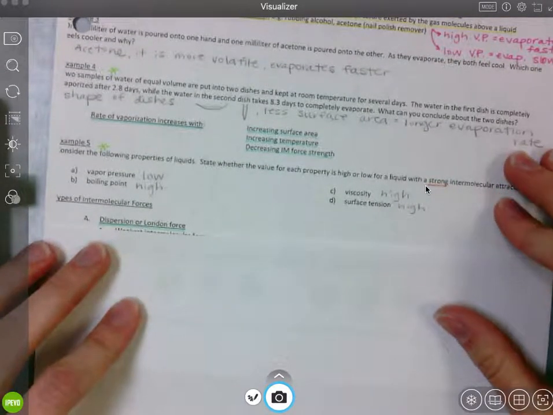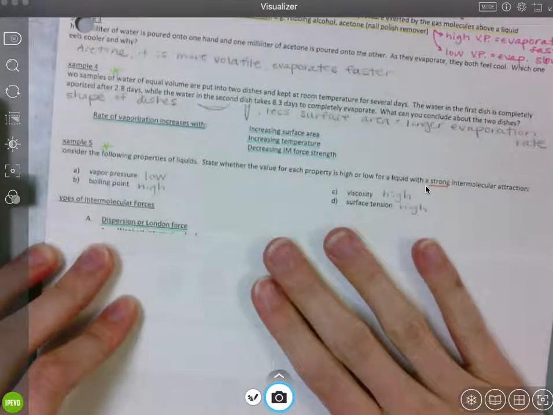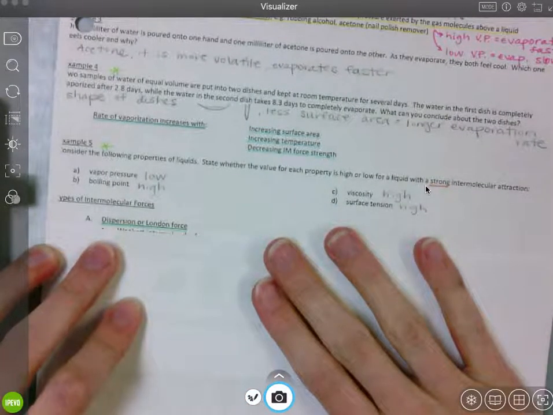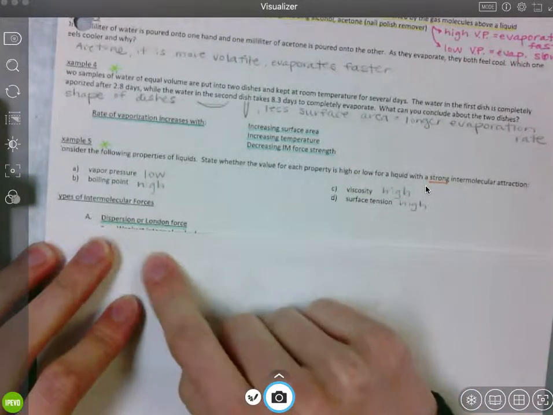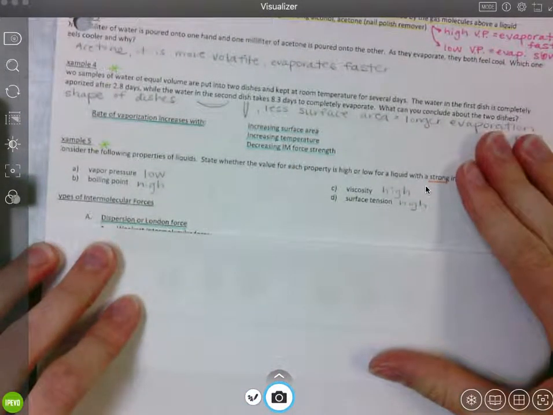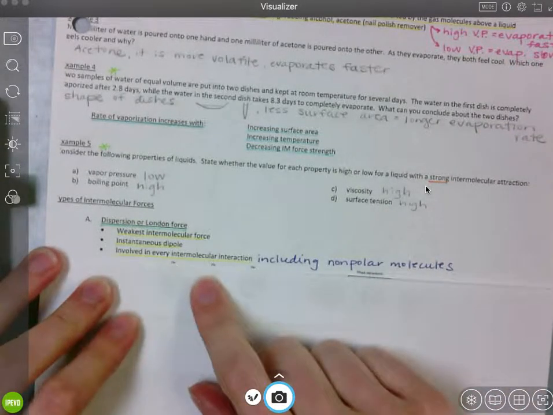All right, here's where we're talking about our 3 types of intermolecular forces. Our first type that we're going to be looking at is our dispersion force, or London dispersion force, or London force. It's got a bunch of different names, but dispersion force, London force. These are our weakest intermolecular attractions.